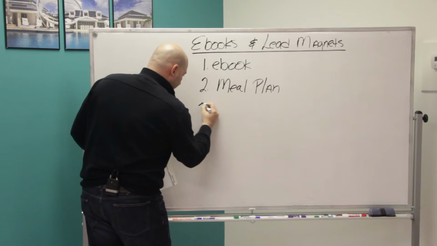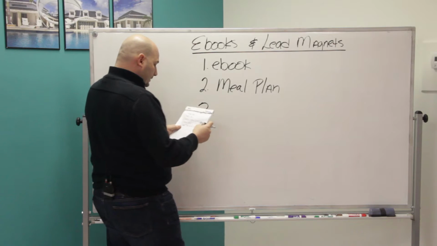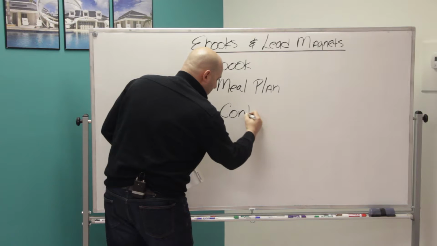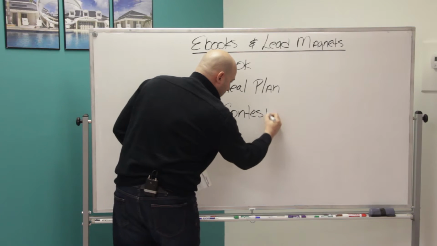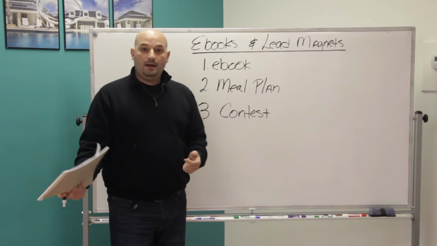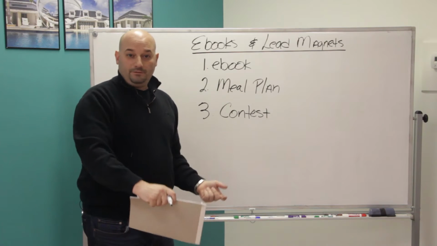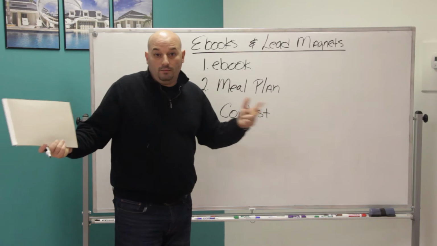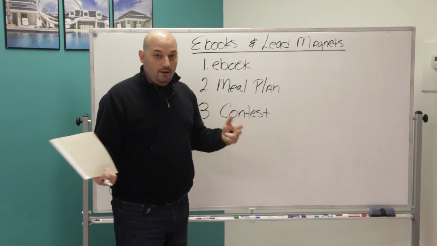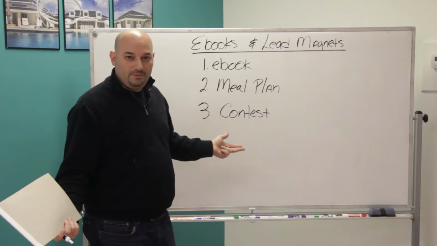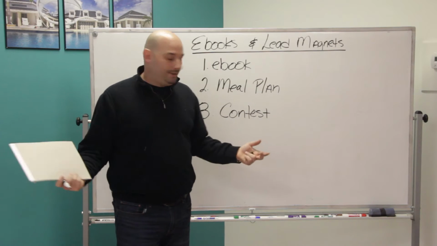Number three is you can do a contest, right? You can basically say, hey, join my email list for a chance to win some sort of cooking or baking tool. Now, you may not want to do this too often because you might run out of money.